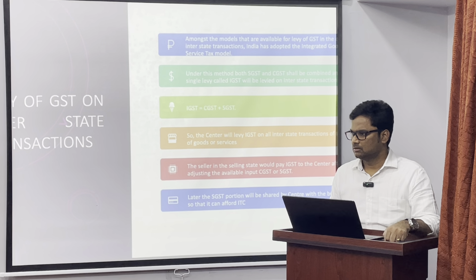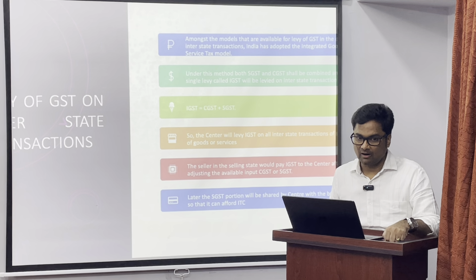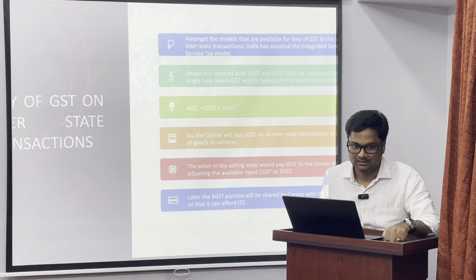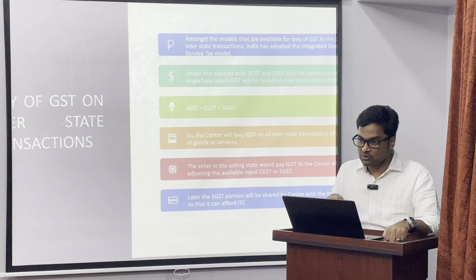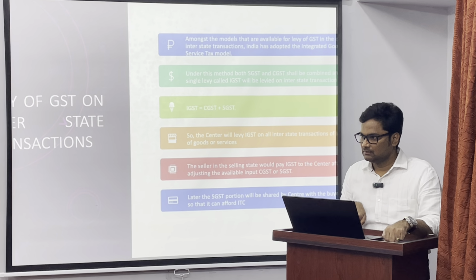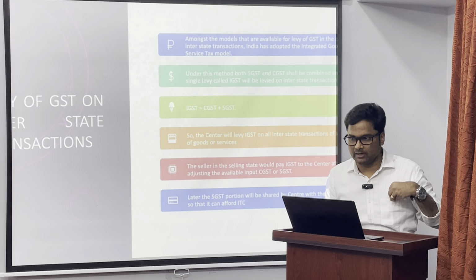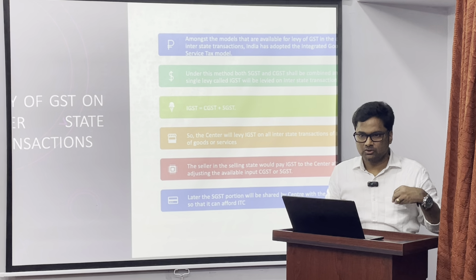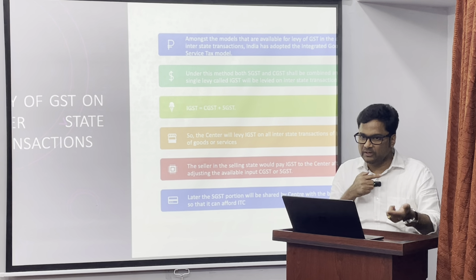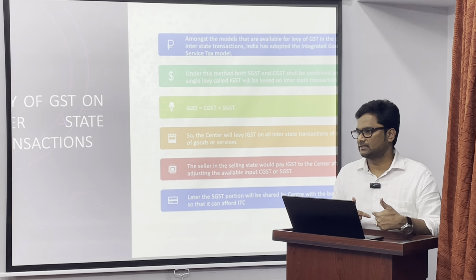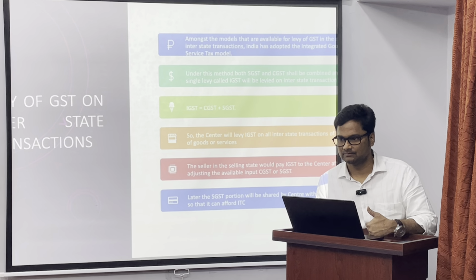But input SGST you cannot use for output CGST, because you gave that to the state, it went to the state pocket. So you can ask for the input tax only from the respective state. You cannot ask the center.